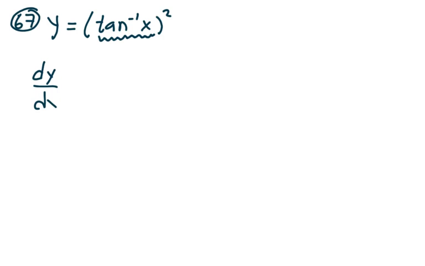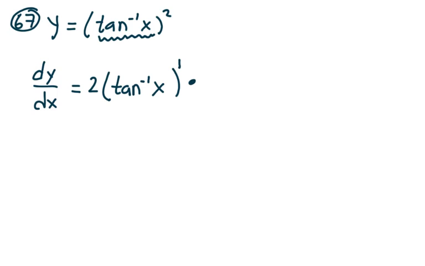Let's take a look at 67. Suppose y equals arctangent x to the second. Now, the inside function here will be arctangent x, which we can say is g of x, right? So when I want dy/dx, I'm going to get 2 times the inside function, which is arctangent x to the first, right?